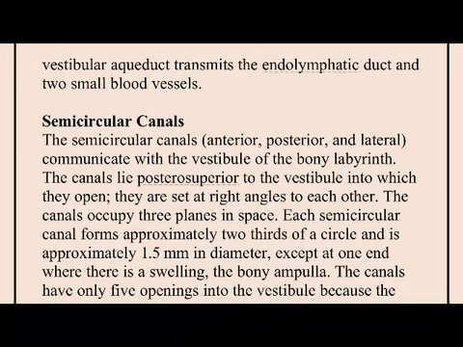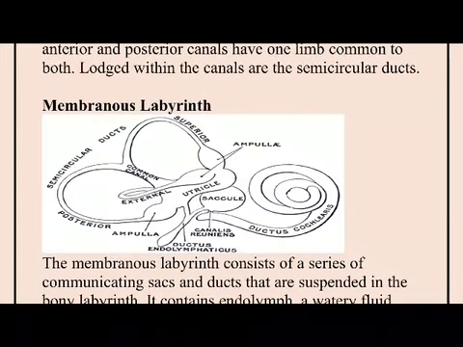Let me talk about the membranous labyrinth. Right here is an illustration of the membranous labyrinth, consisting of a series of communicating sacs and ducts that are suspended in the bony labyrinth. The membranous labyrinth contains endolymph, which is a watery fluid similar in composition to the intracellular fluid.